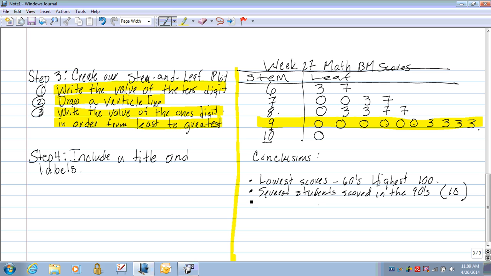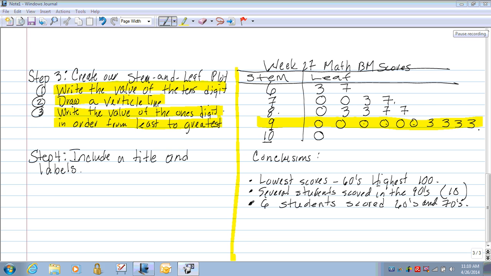I could also look at it as a teacher and say, I need to revisit the students that scored in the 60s for sure, and also those in the 70s. If I count those, I have 1, 2, 3, 4, 5, 6 students who scored in the 60s and 70s.